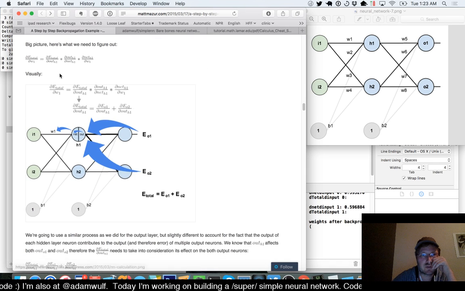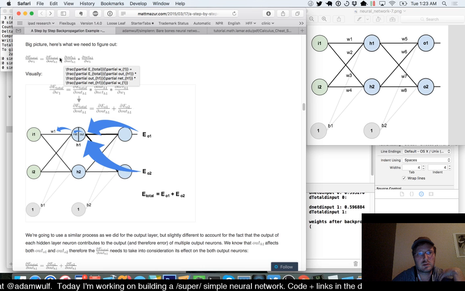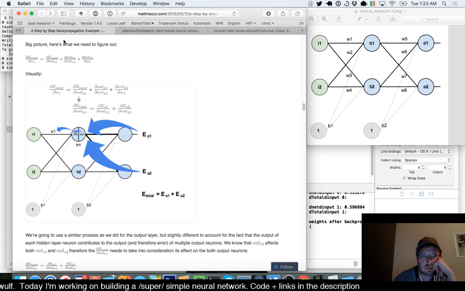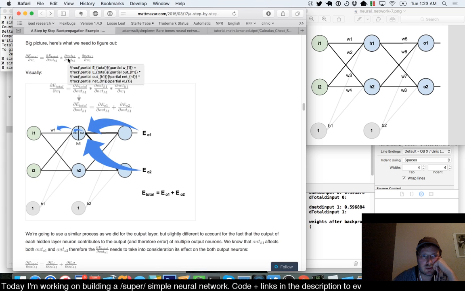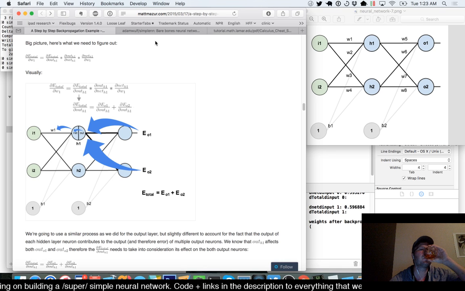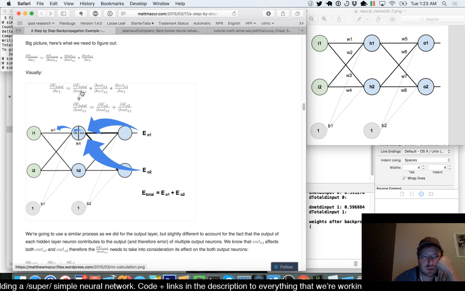Big picture, here's what we need to figure out. Yep, so the D total to DH1. Yep. DH1, yep, that's fine. So it's the same idea. Okay, and then this first term is expanded out to a sum of the other guy's terms, right?